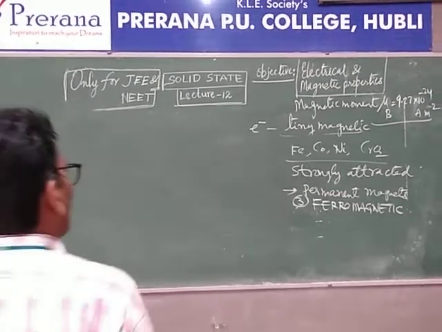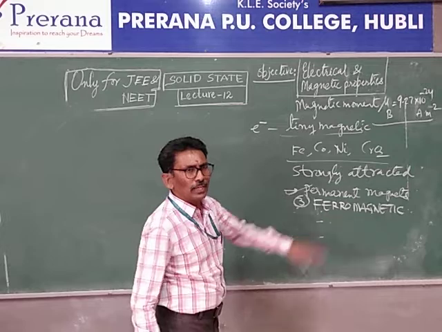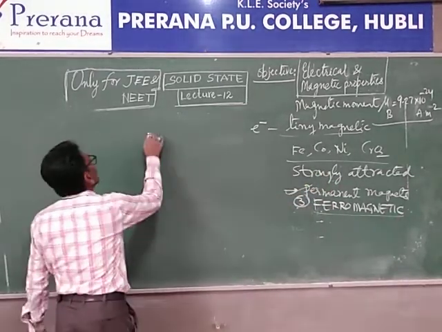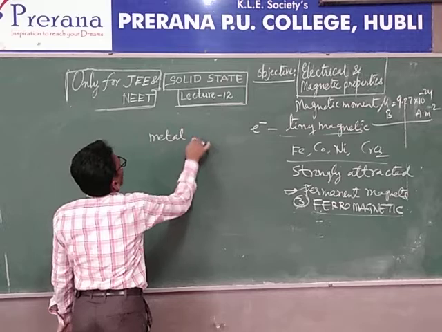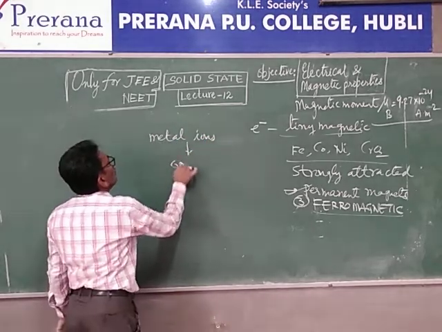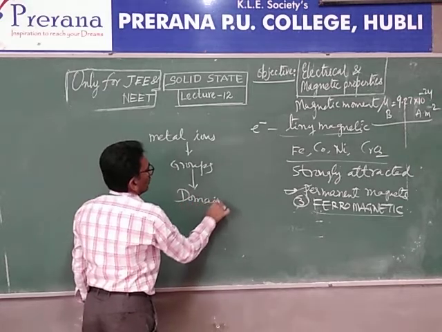Yes, what is the reason for permanent magnetic behavior after removing the external magnetic field? What is observed here? Metal ions of these materials form groups. Those groups are known as domains.